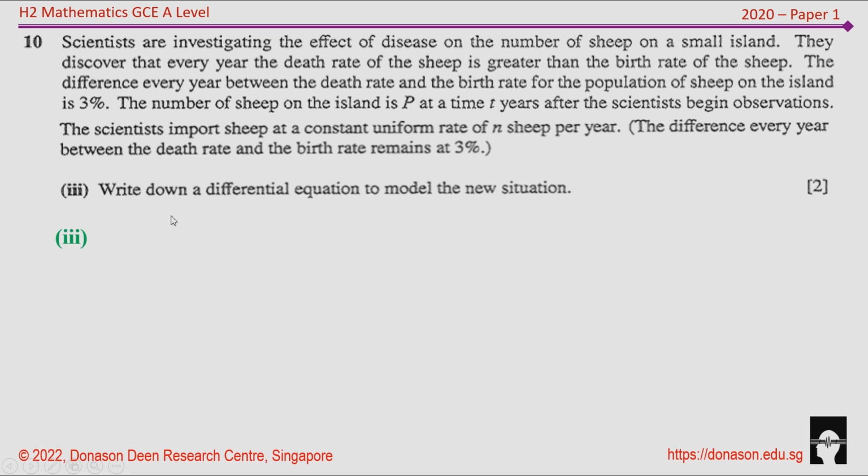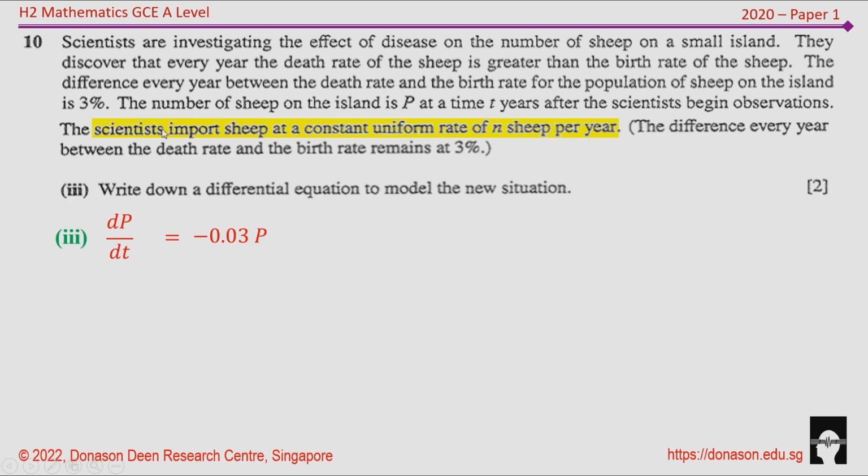This time we are supposed to write down another differential equation to model this new situation. As we know from the first part, we had dp/dt equals negative 0.03p, because it's a 3% decline every year. So the rate of decrease of the population is 3%.